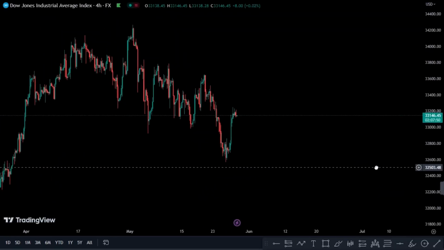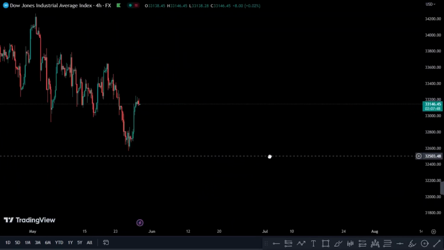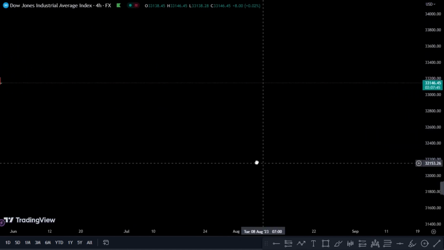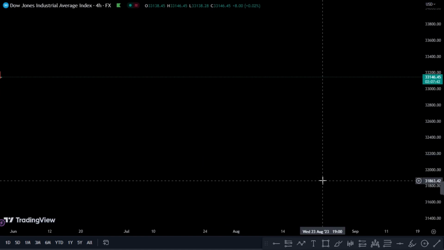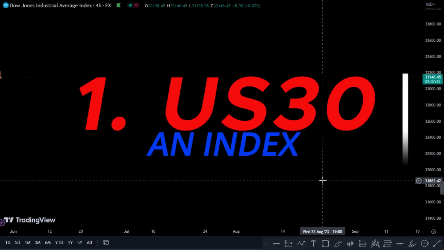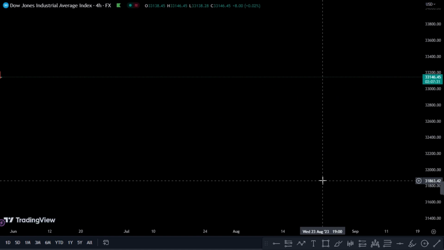To make sure that you understand the strategy properly, and to show you all that this strategy works across all types of instruments, I'm going to be making a demonstration of this strategy across 3 different instruments. Number one, we are going to be using US 30, which is an index, that is Dow Jones.